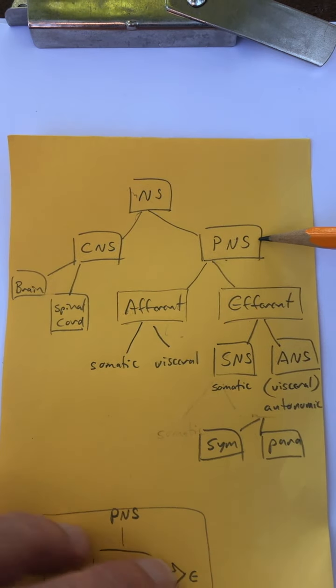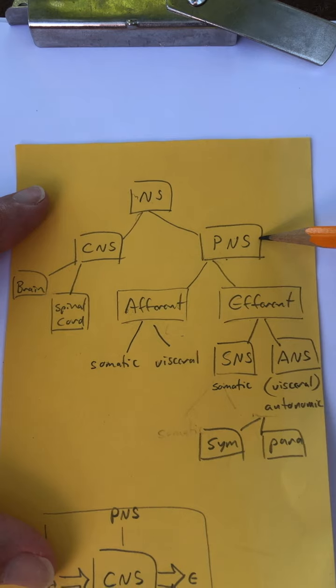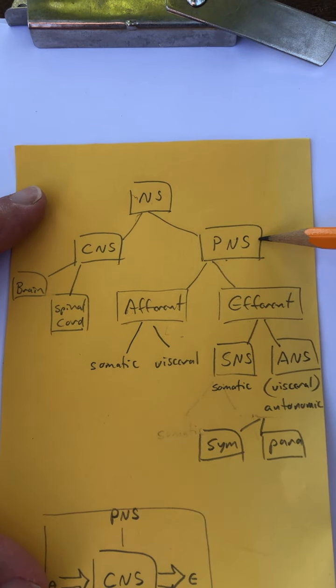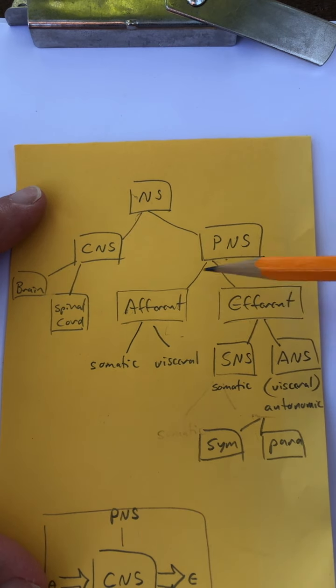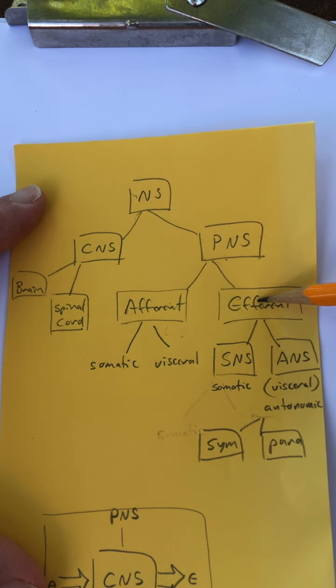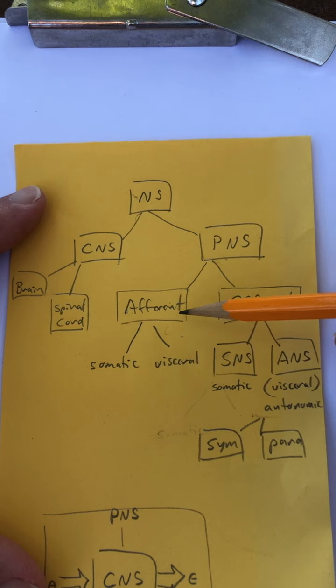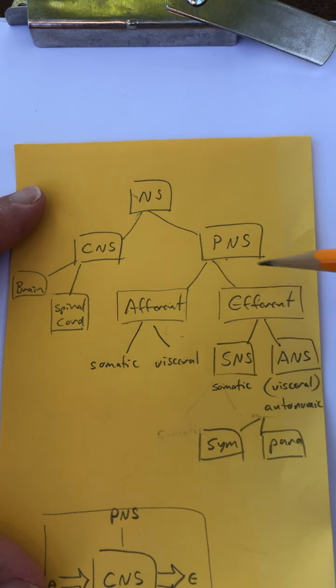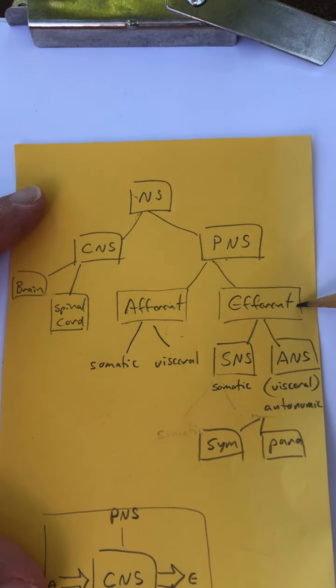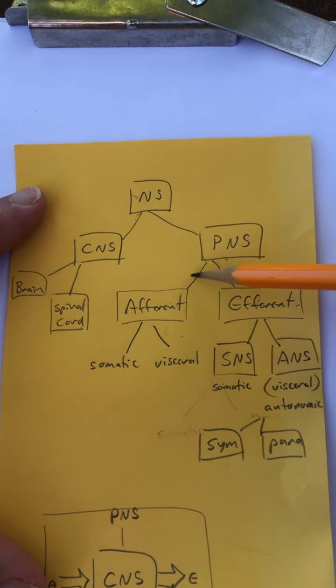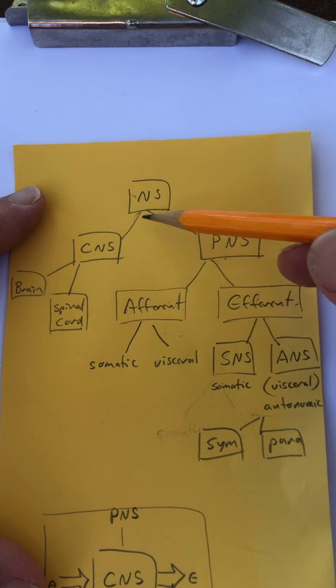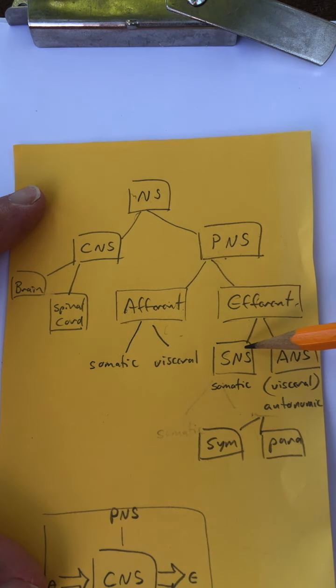The peripheral nervous system, again, includes ganglia, receptors, nerves, everything outside of the brain and the spinal cord. And it can be subdivided into the afferent and the efferent nervous systems. Now, afferent refers to input or sensory, and efferent refers to output or motor. So, this is information coming into the central nervous system, and this is information going out to the body from the central nervous system.